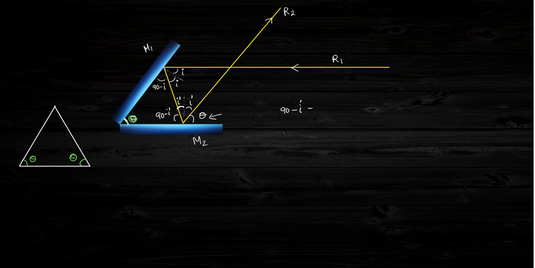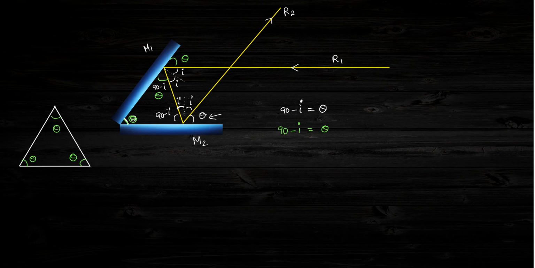Also, since this angle is theta, this angle also happens to be theta, and by similar logic 90 minus I is also going to be equal to theta, just like 90 minus I dash is equal to theta. That means this angle also happens to be theta.